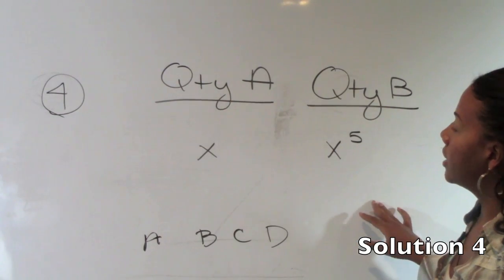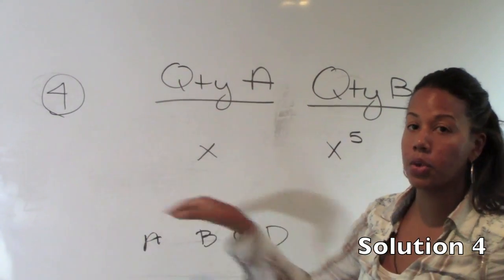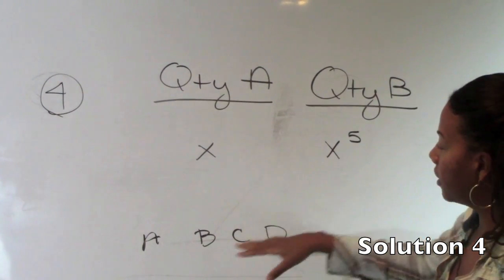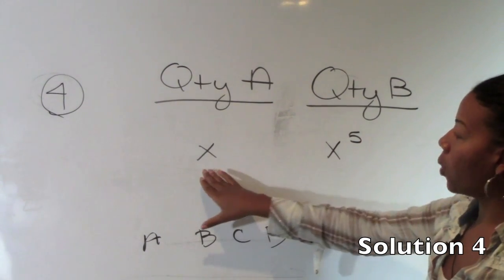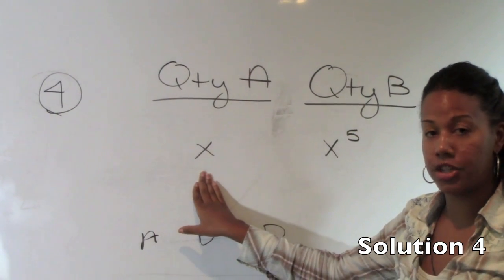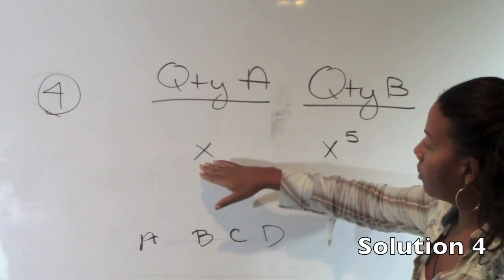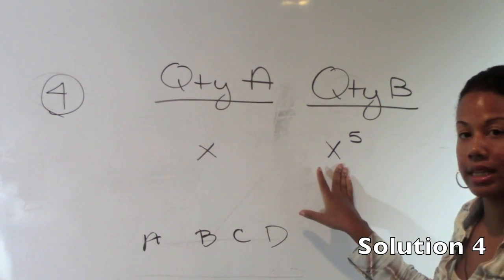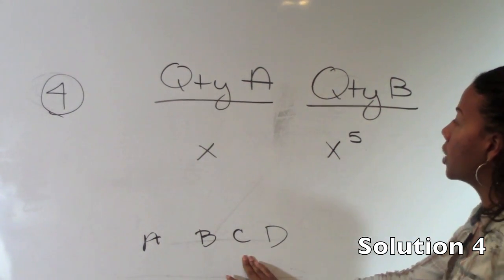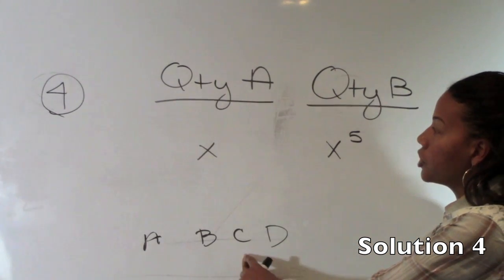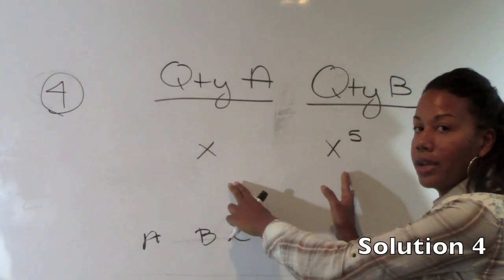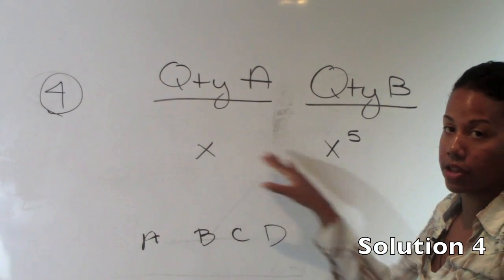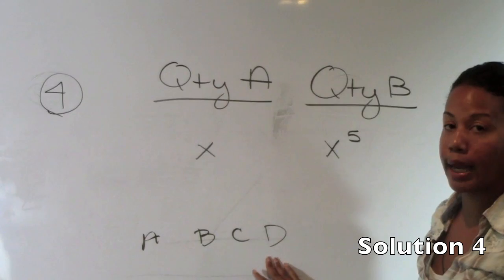Number 4. Number 4 is our first quantitative comparison question. And so because of that, I'll just give you a quick reminder of the answer choices. If quantity A is always bigger, the answer is A. If quantity B is always bigger, then the answer is B. If the two columns are always equal, then the answer is C. So they have to always be equal, not just under a particular circumstance, but under any circumstance, they have to be the same, then the answer is C. And D is your cannot be determined.